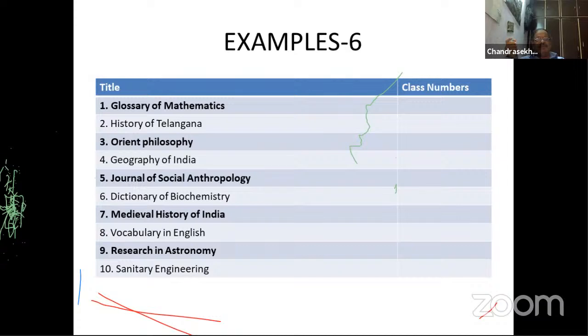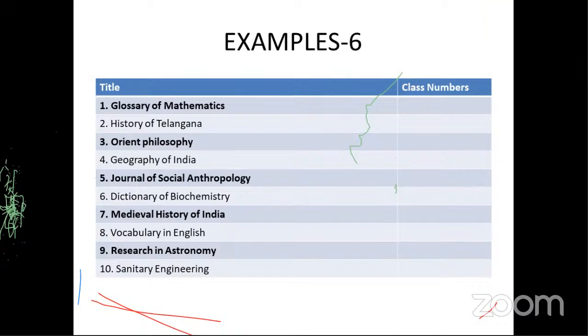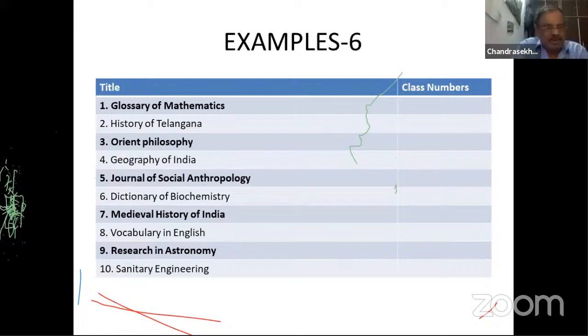So 954.84, history of Telangana. History of Andhra Pradesh anna ade number.